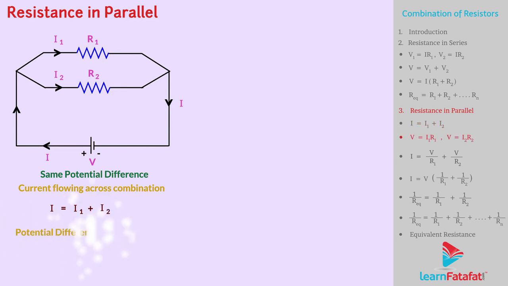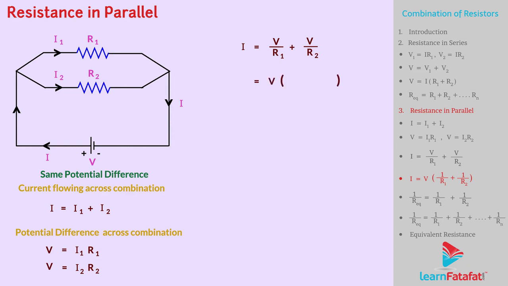Therefore, potential difference across the combination is V equals I1 R1 and V equals I2 R2. So current I we get is I equals V by R1 plus V by R2, which is equal to V into bracket 1 by R1 plus 1 by R2.